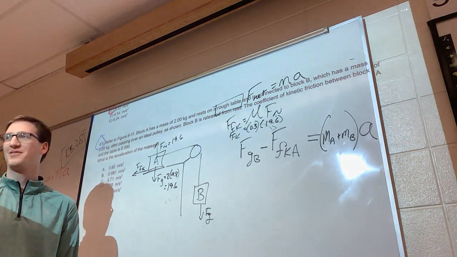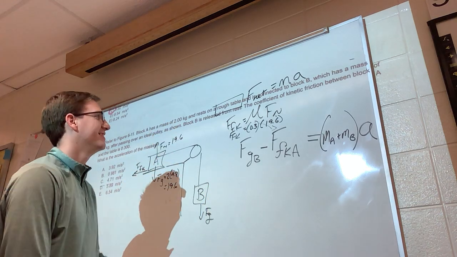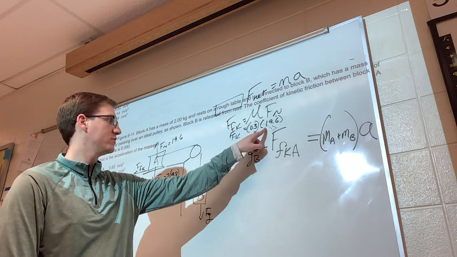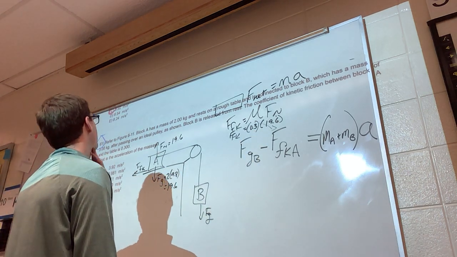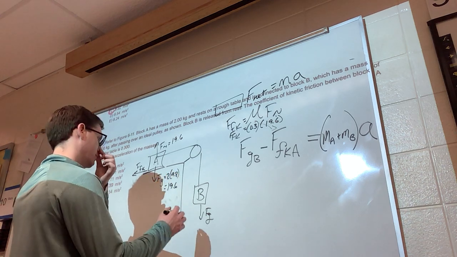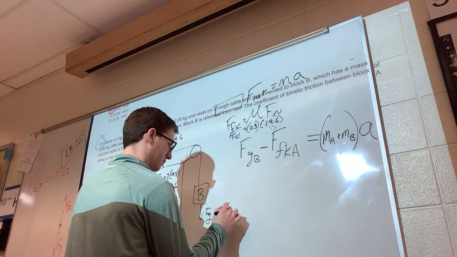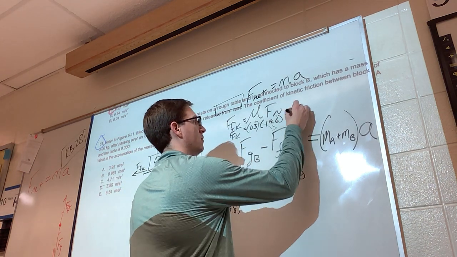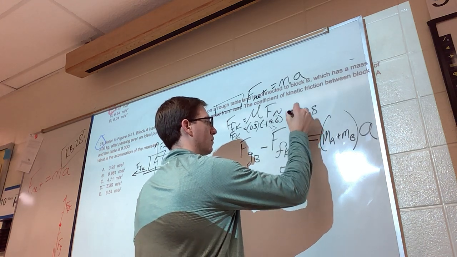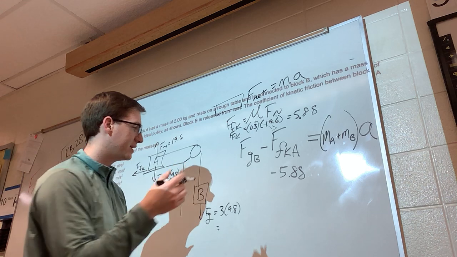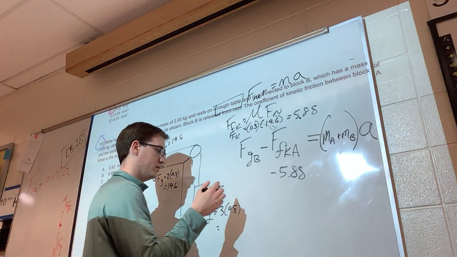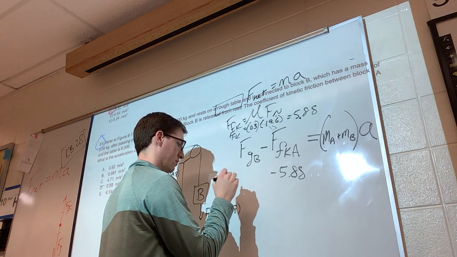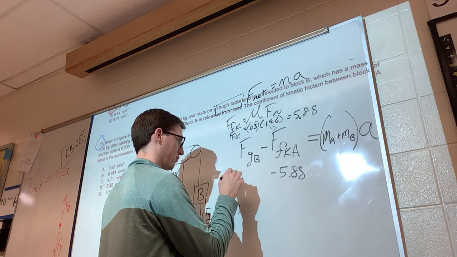I can tell when I'm going faster than students are ready for when the phones come out. I'll just copy it down. Okay, so could you calculate that number for me though? 3 times 9.8 is 27.6.